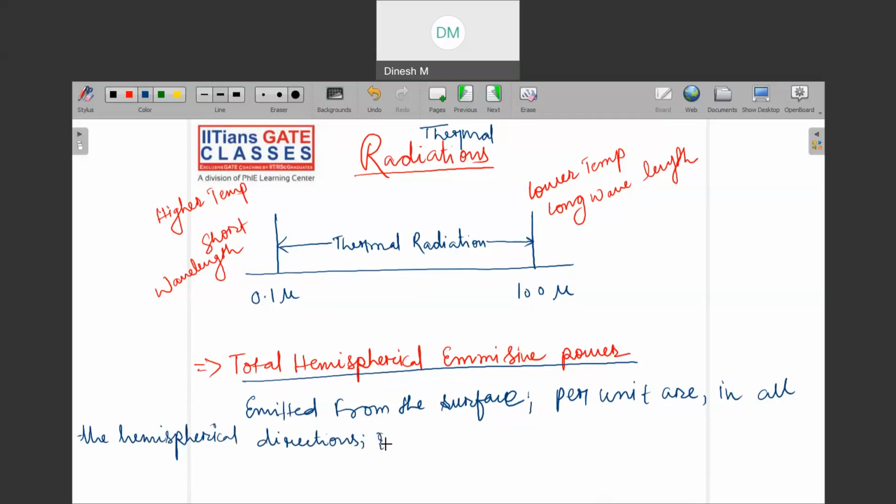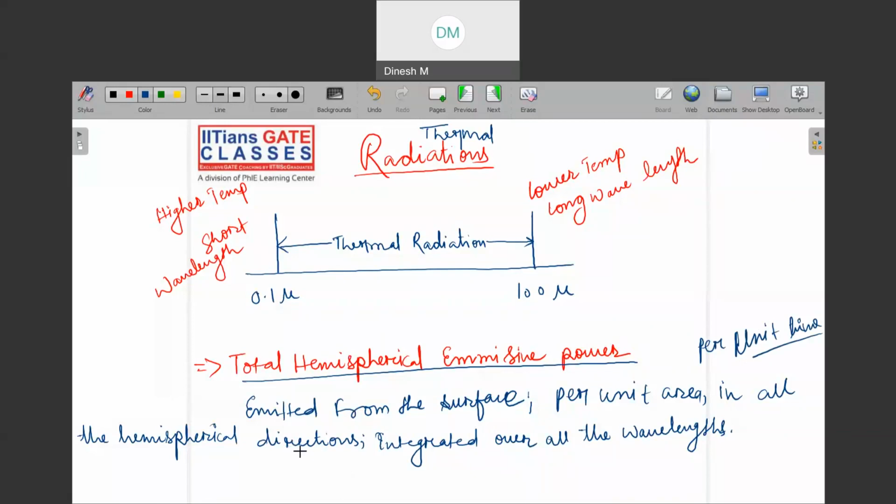Integrated over all the wavelengths, per unit area, and this is per unit time also. Per unit time we should always know, then only I can find the rate, right?